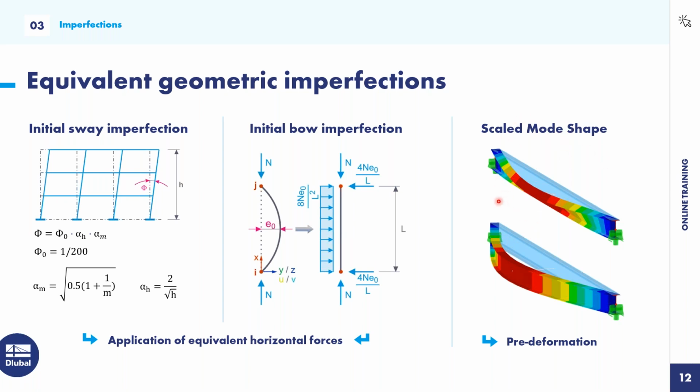I do a kind of buckling analysis with our add-on Structural Stability. And when I see this buckling form, I can scale it, and based on the scaled form, I can apply the imperfection. So it's a kind of pre-deformation, and here we display the FE mesh nodes.